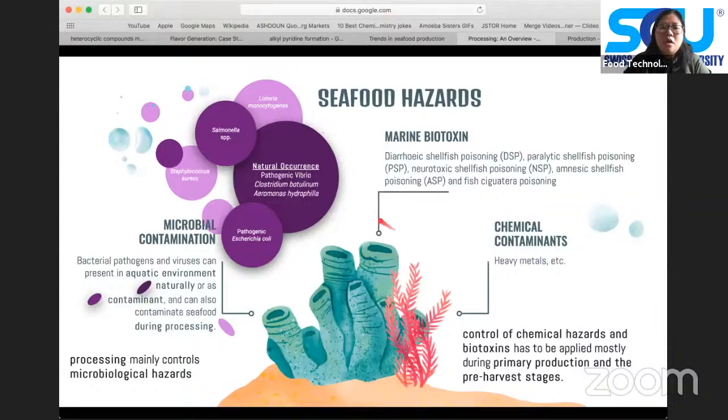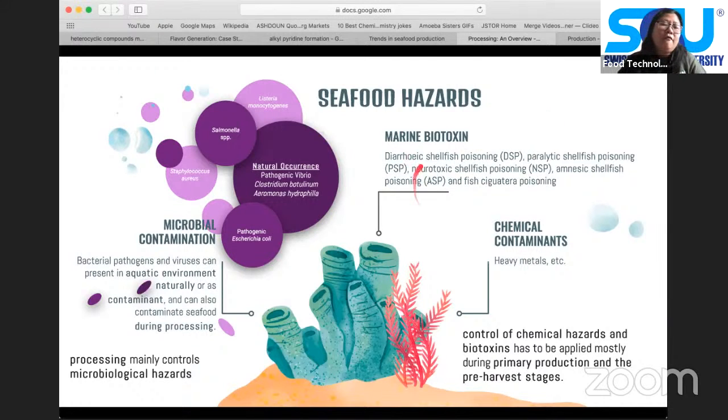Some of the famous biotoxins are diarrhetic shellfish poisoning, if you eat shellfish, and also paralytic shellfish poisoning, neurotoxic shellfish poisoning, amnestic shellfish poisoning, and fish ciguatera poisoning.